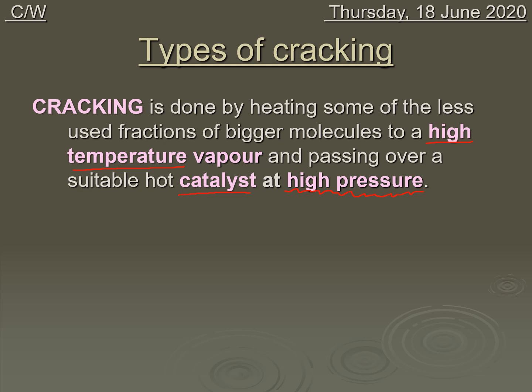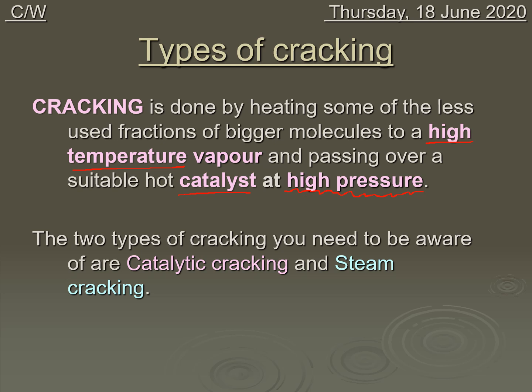I have seen exam papers where they asked, what are the conditions required for cracking? And they wanted high temperature, and they wanted catalyst, and they did not give marks for high pressure. So if you have a 3-mark question, by all means put high pressure, but if you have a 2-mark question, high temperature and catalyst are what you're looking at. Caveat, unless they say steam cracking.